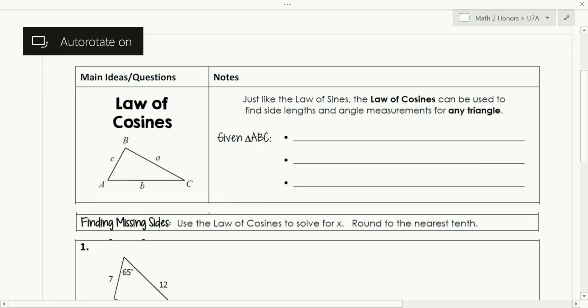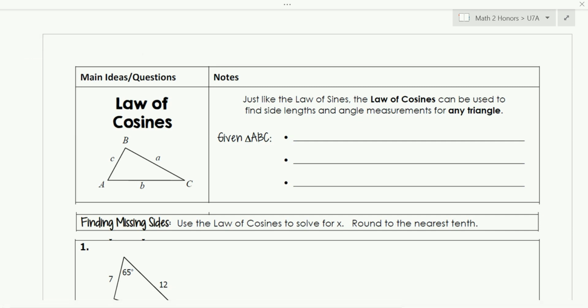Just as we came up with the law of sines, and I worked through that one with you and showed you where it came from, today I'm just going to give you the law of cosines because you need more background for the proof of this, which you will get probably around February. So you're just going to have to accept right now what the formula is, okay?